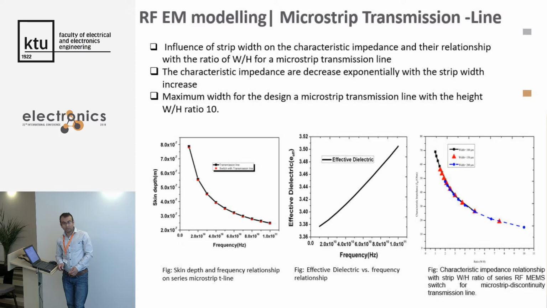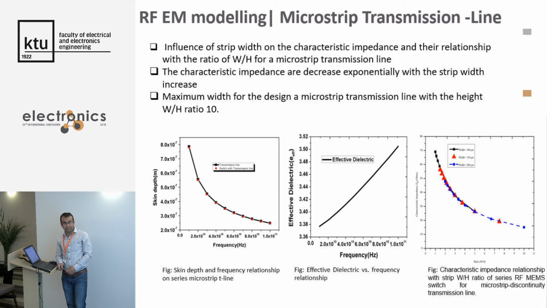But we have the rule that the ratio cannot be more than 10, and for better optimization of our MEMS, in the literature the impedance should not be less than 20 ohm. So that's why we are choosing the width of the strip as 150 micrometers.